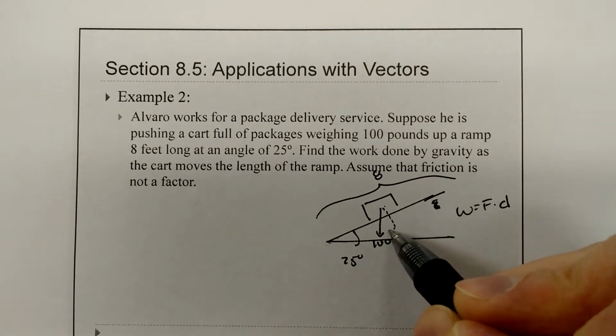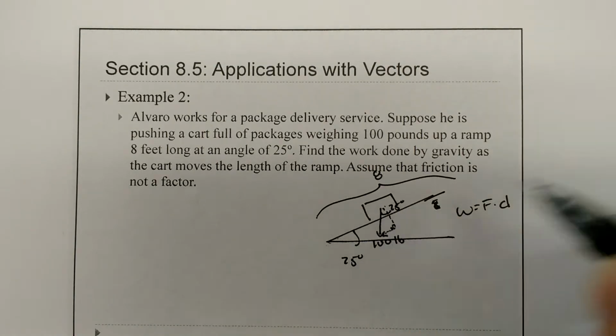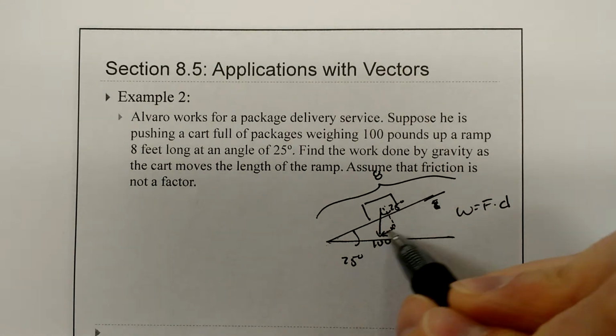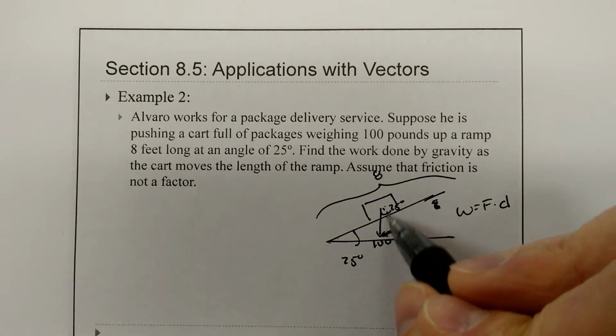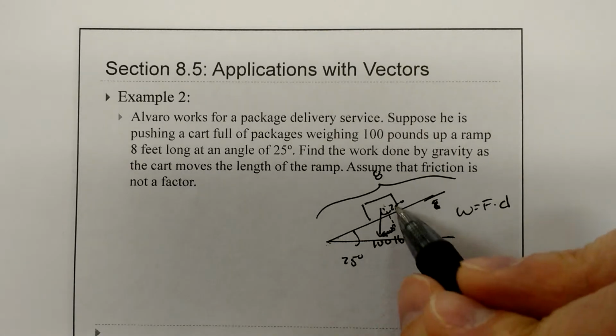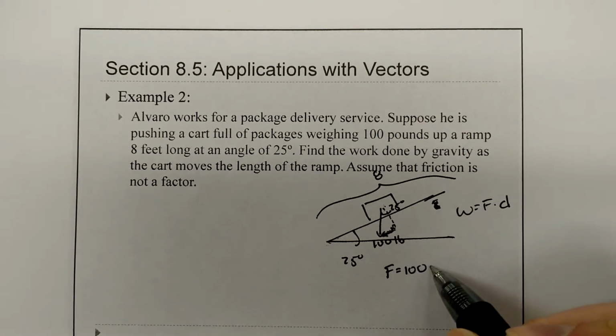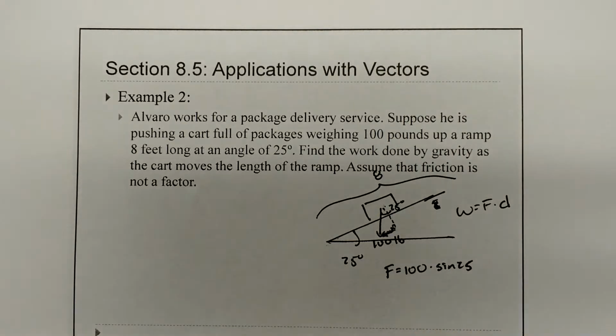So you have to drop a triangle like this. The right angle goes there. This angle up here is also 25 degrees. So that means this side here is the sine: the weight times the sine of 25 degrees. My force is the magnitude times the sine of the angle. So 100 sine 25 is a force of 42.3 newtons, and that's what I can plug into this equation.